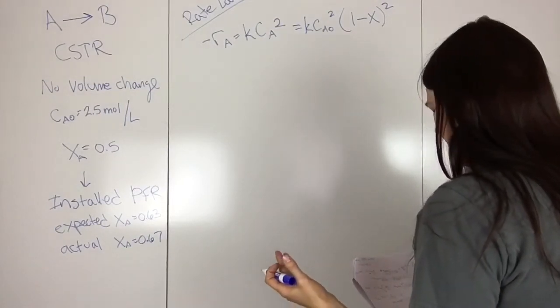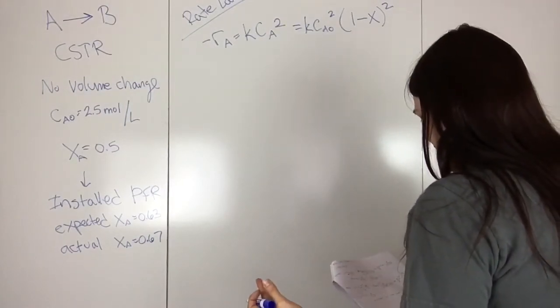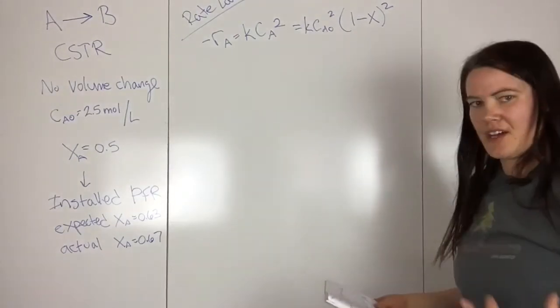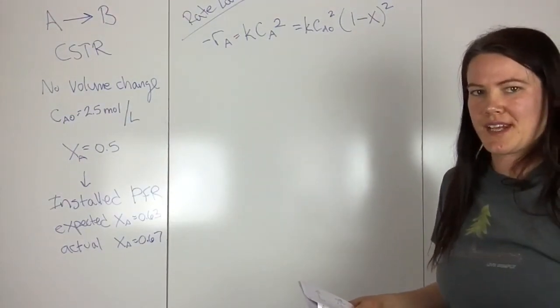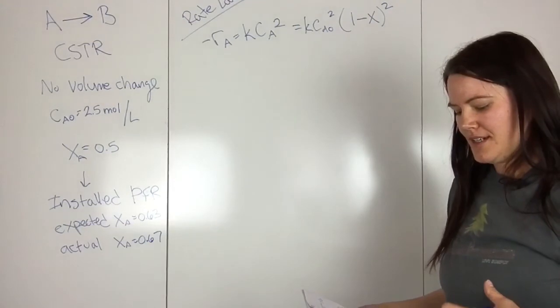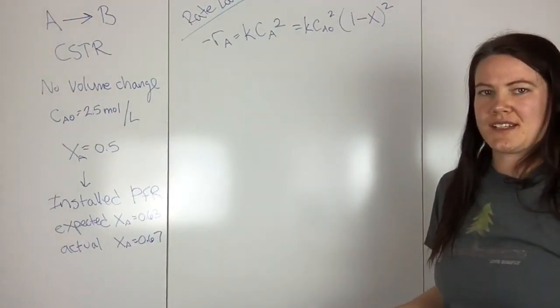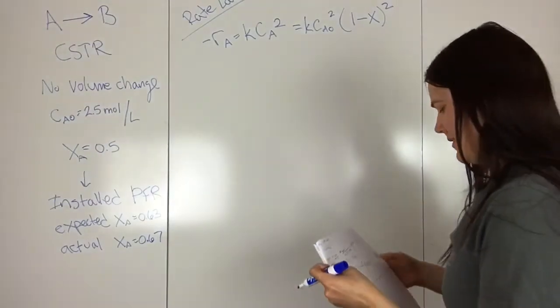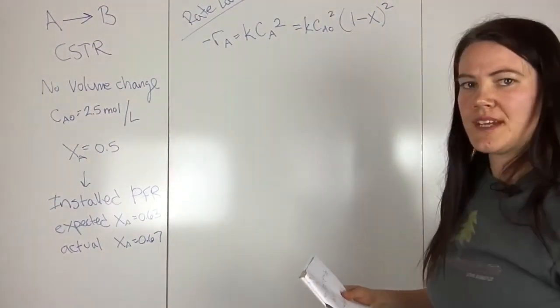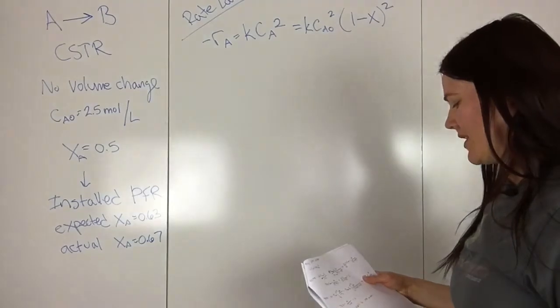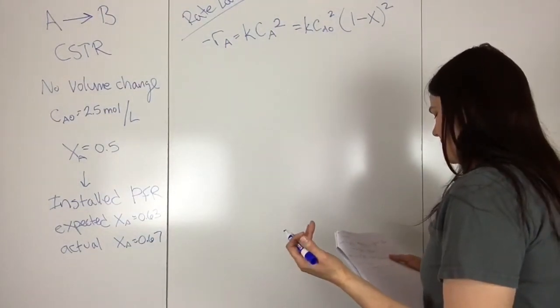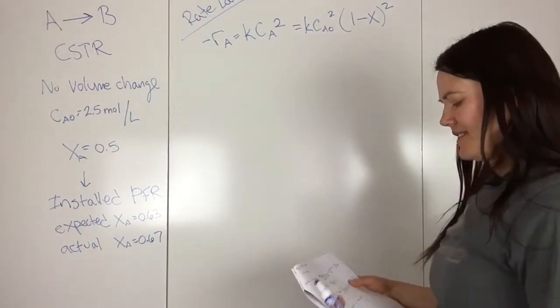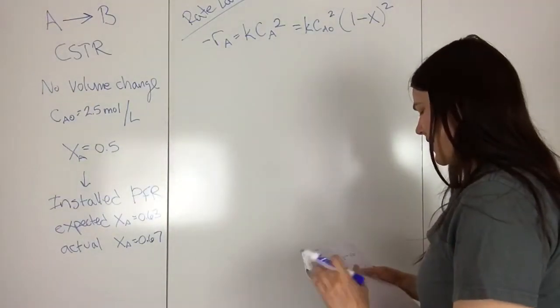And we already know, based on how we solved this problem in the previous step, that we needed to get information from the CSTR in order to solve for the PFR. So I'm going to go through the CSTR again with the information we know, and what we're looking for is this tau k again, well, the tau k CA naught.